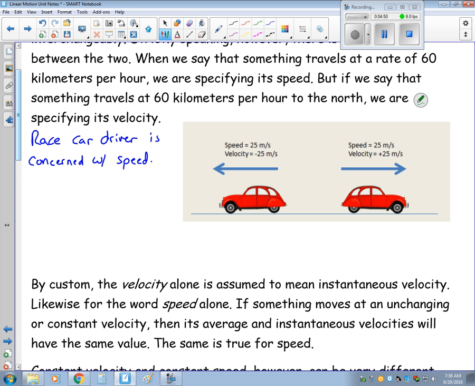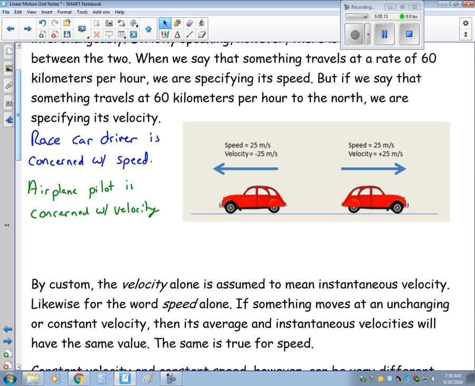An airline pilot is very concerned with velocity. It's very important for an airline pilot to know where they are going.